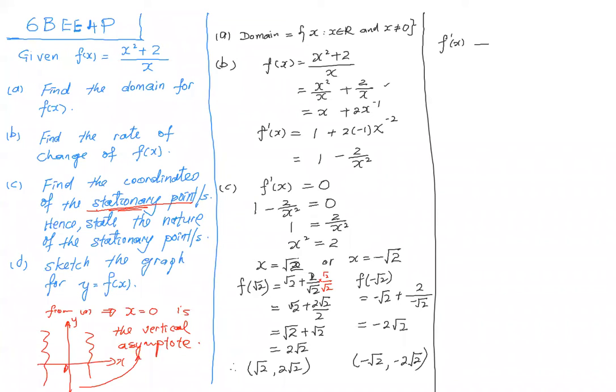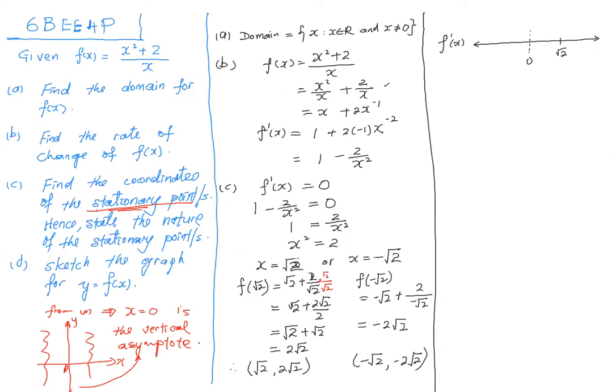So I'm going to do it. What should I mark on the sign diagram? Can x be equal to 0? No. So I will mark this down: 0. This is not a stationary point, it's just not part of the domain. So I have two stationary points. One is √2.